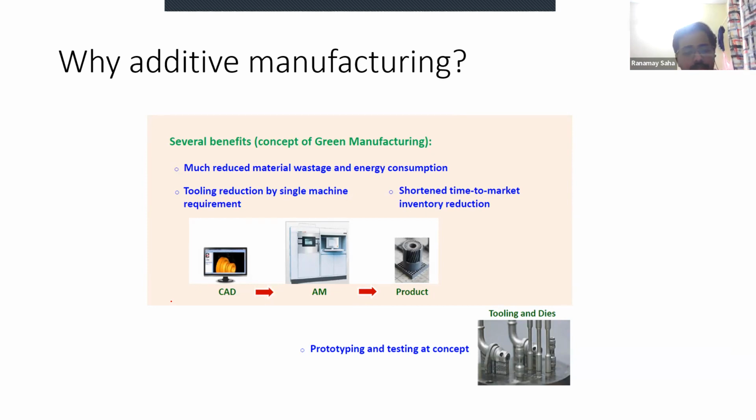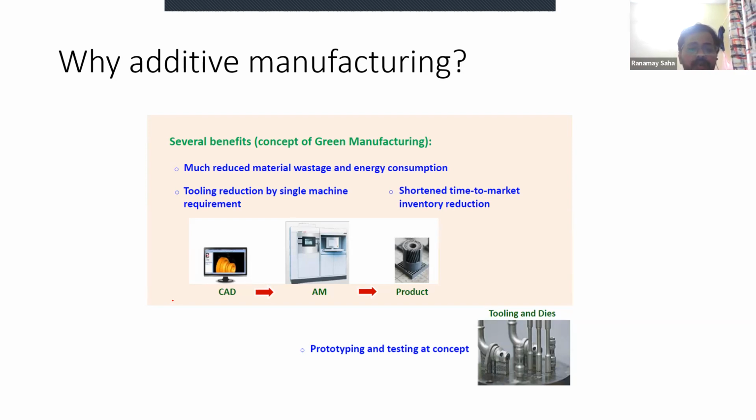Wastage of material is very low because you don't have to remove material, you are just adding whatever amount you need. You don't have to do post machining processes to get your final product. Energy consumption is also very low.